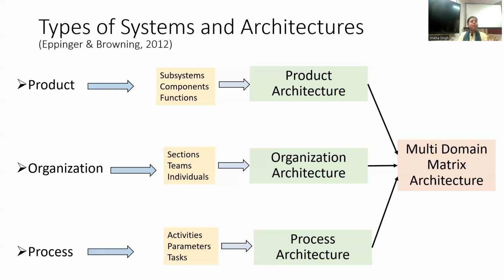Let us say if some of you are working in a product, even in the product architecture, you may have many subsystems. By applying the system of system concept, I hope you might have studied it so far. Yes. So by applying the system of system concept, you may again further divide a product system into several subsystems. And then you may analyze each subsystem separately, and then you may combine it to bring the product architecture together.